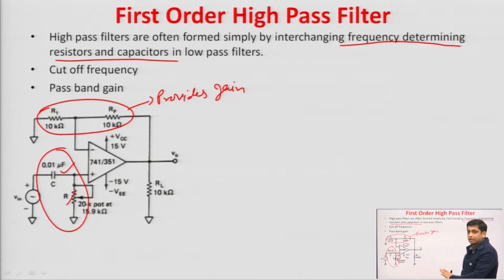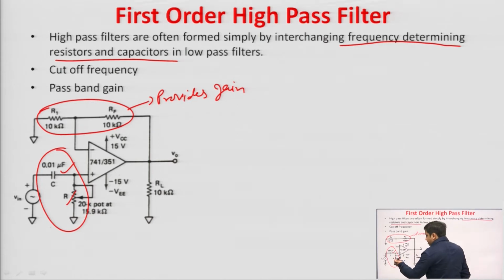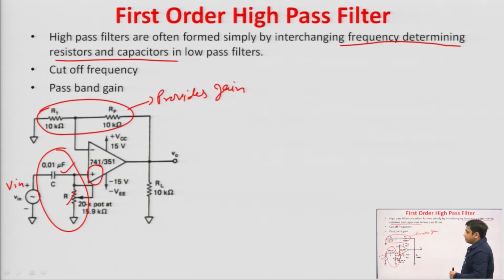So, this is the circuit of first order high pass filter, right. We can see that this input signal V in has been applied at the non-inverting terminal of the op amp. So, it is a non-inverting configuration, RL is the load resistance.